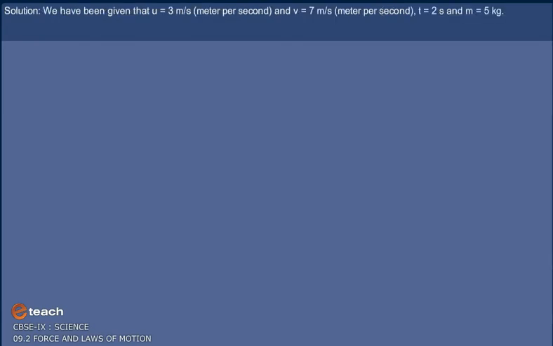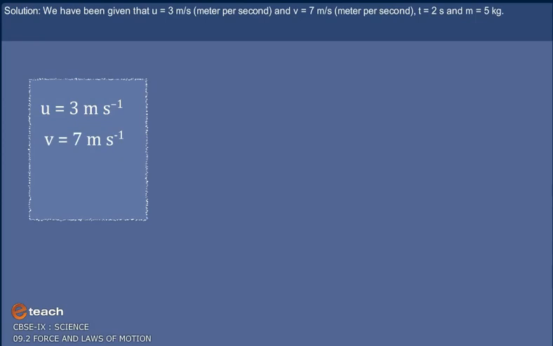Solution: we have been given that u = 3 m s^-1 and v = 7 m s^-1, t = 2 seconds and m = 5 kg. F = m(v minus u)/t.